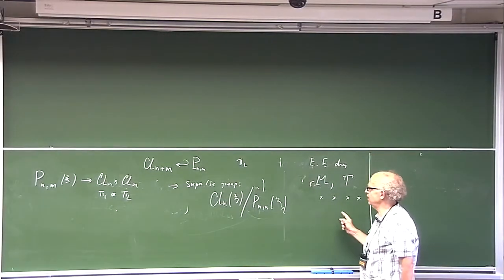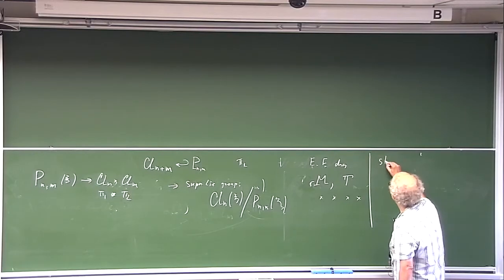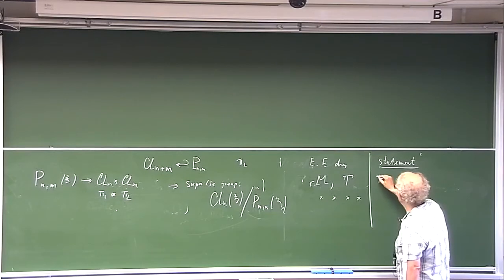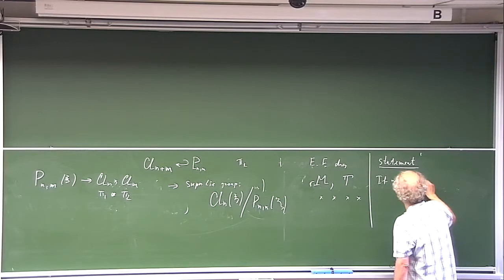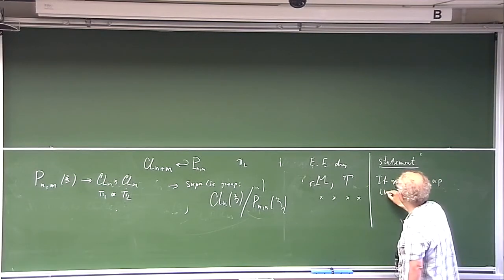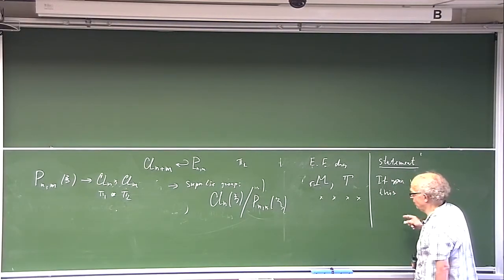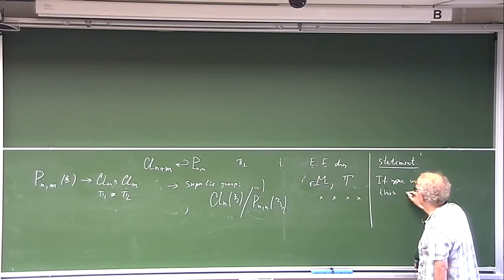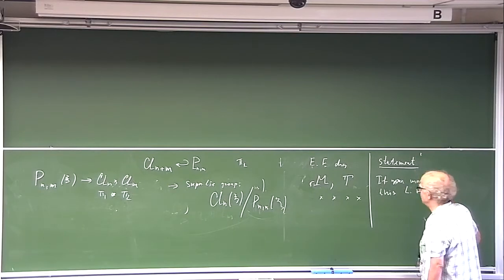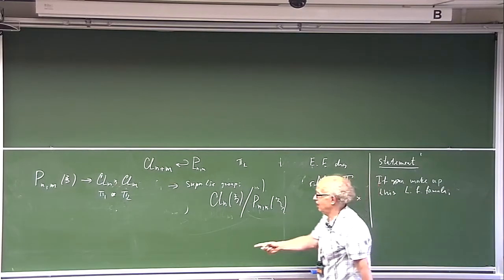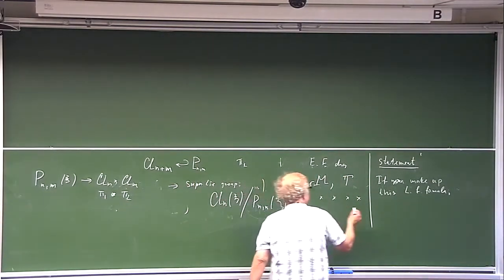I want to make a statement now. If you really calculate the character using the Lefschetz fixed point formula, then in principle, what we expect is: I have the character of this, it is f.